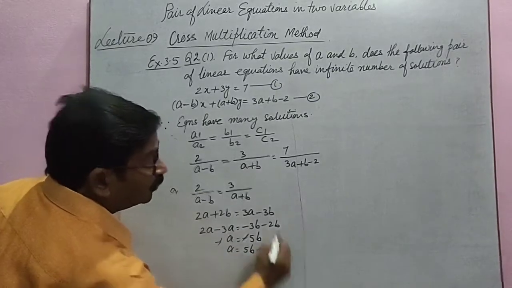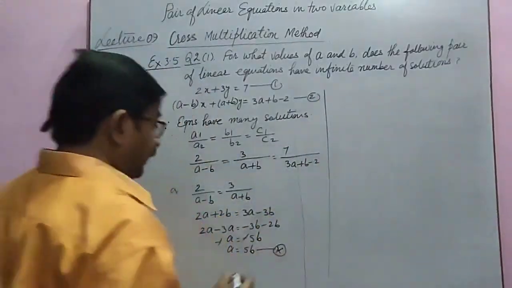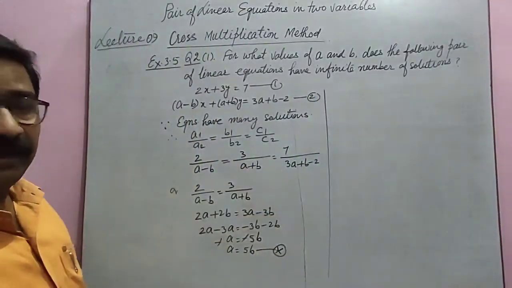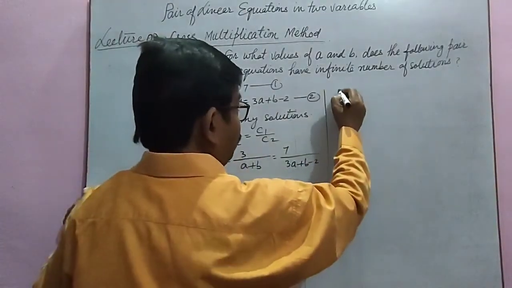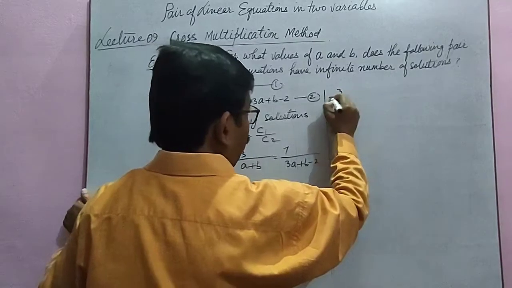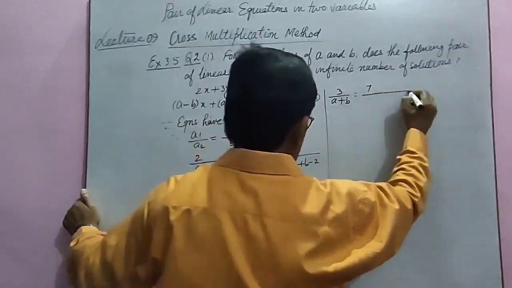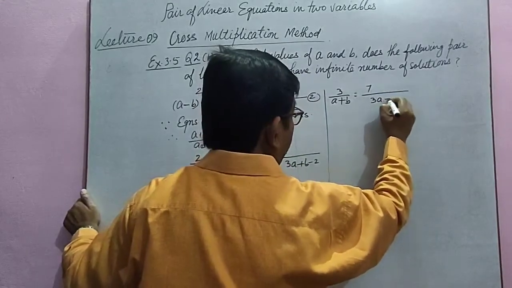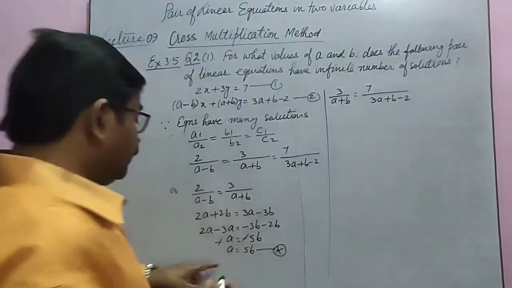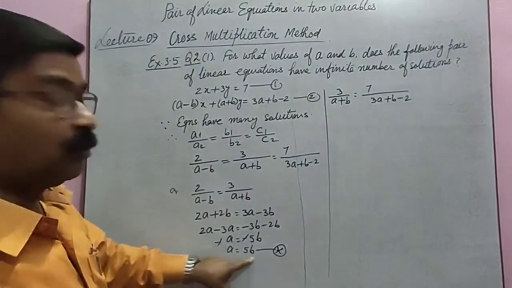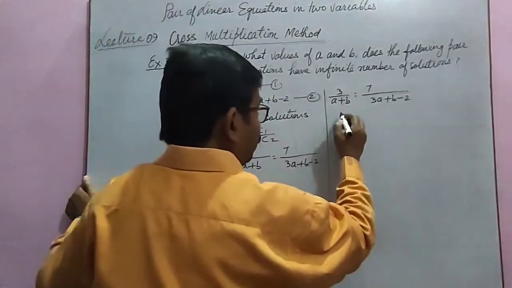We have got a relation. Now, taking second and third, or first and third, anyone. So I am taking second and third. Suppose 3 upon a plus b is equal to 7 upon 3a plus b minus 2. Now we can write the value of a. We have got a is equal to 5b, so we can write a is equal to 5b in this equation.